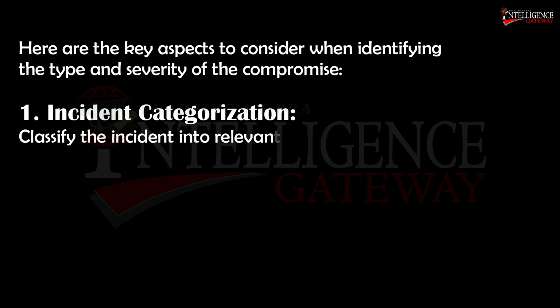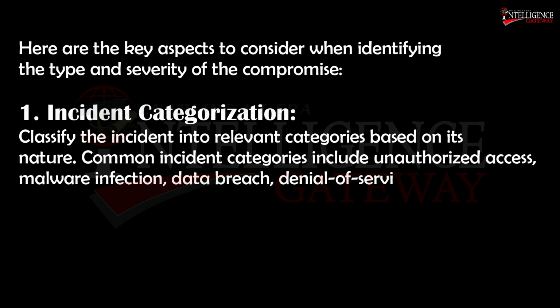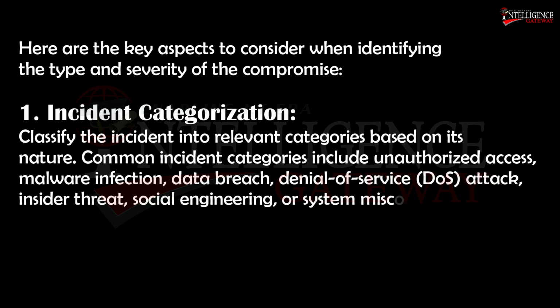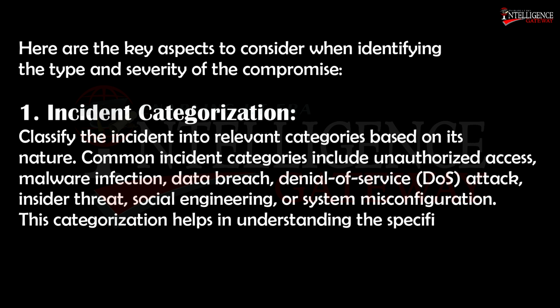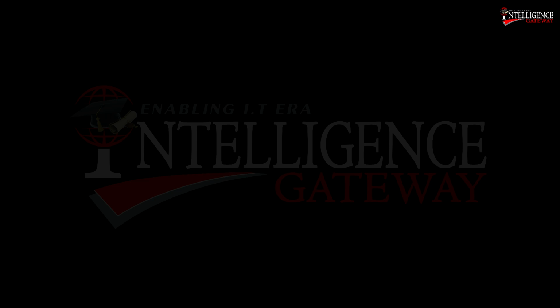Classify the incident into relevant categories based on its nature. Common incident categories include unauthorized access, malware infection, data breach, denial of service (DoS) attack, insider threat, social engineering, or system misconfiguration. This categorization helps in understanding the specific characteristics and potential risks associated with the incident.